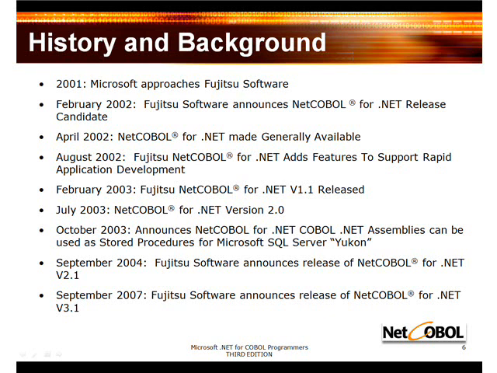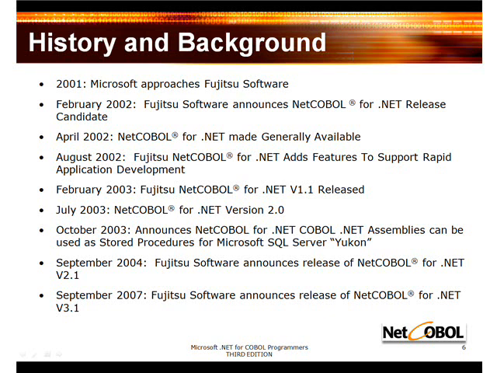In August of 2002, Fujitsu added new features in the form of Windows Forms and Web Forms support in order to facilitate rapid application development in the Microsoft Visual Studio environment. New versions of the compiler were released in February and July of 2003, and in October of 2003, Fujitsu Software announced that NetCOBOL for .NET assemblies could be used as stored procedures for Microsoft's SQL Server Yukon.